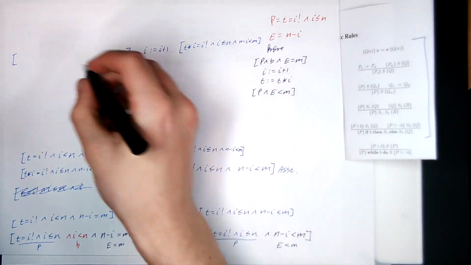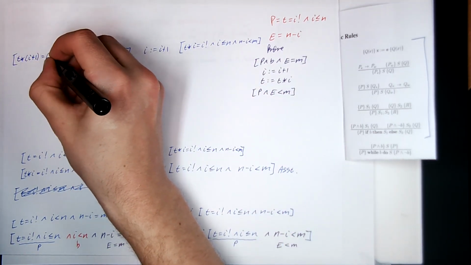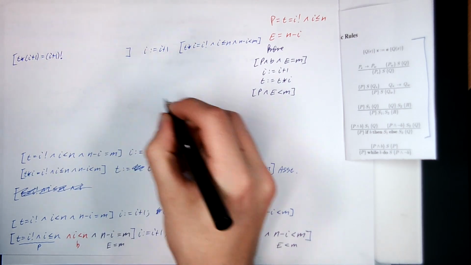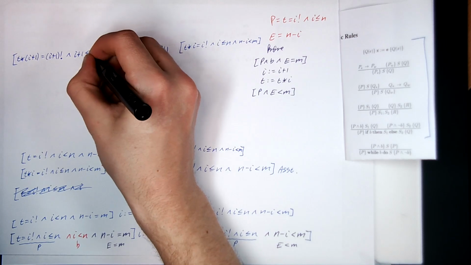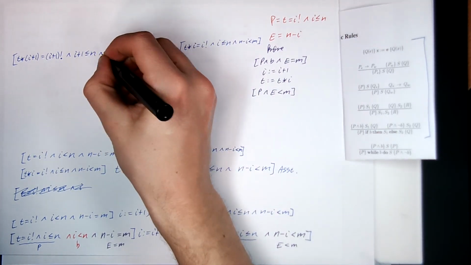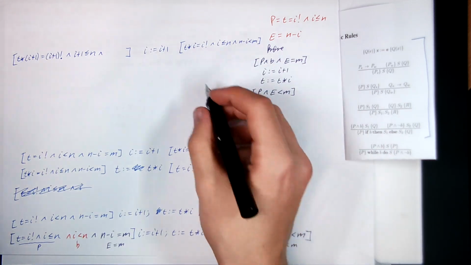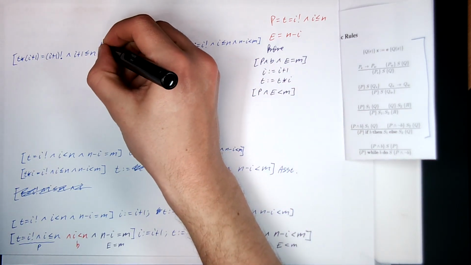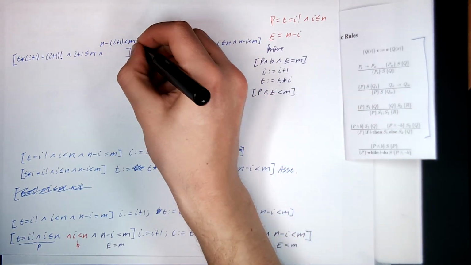This is going to be quite lengthy. t times i plus 1 equals i plus 1 factorial, and i plus 1 is less than or equal to n, and n minus i plus 1 strictly less than m.